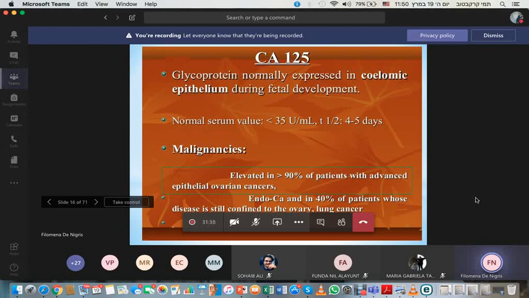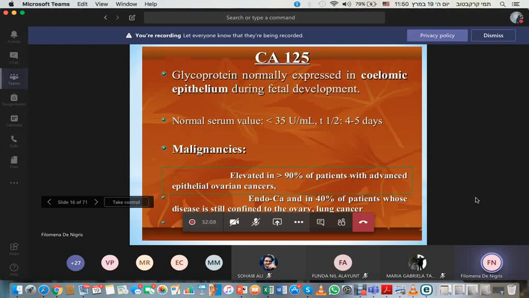It's not specific, because it's present also in 40% of patients with other kinds of ovarian cancer, but also in lung cancer. It's not specific, but it could help for diagnosis and for monitoring the response to treatment.